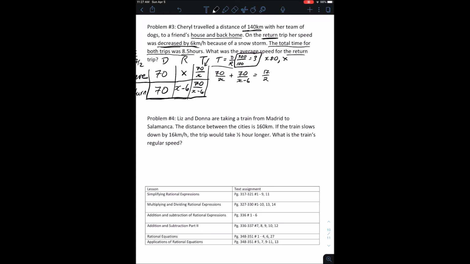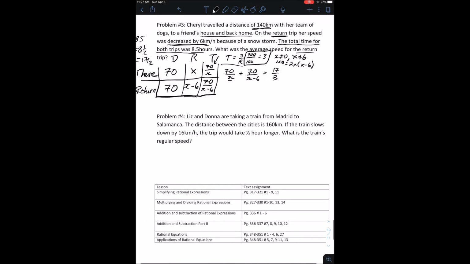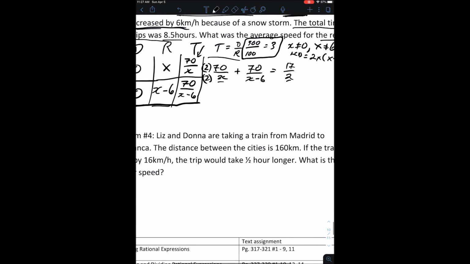So I could start off by saying, well, x can't be 0 and x can't be 6, because those are my non-permissible values. And then I would also say that my lowest common denominator is going to be 2x times x minus 6. And now I'm going to go through the steps of solving this equation. The first rational is missing the 2 and the x minus 6.